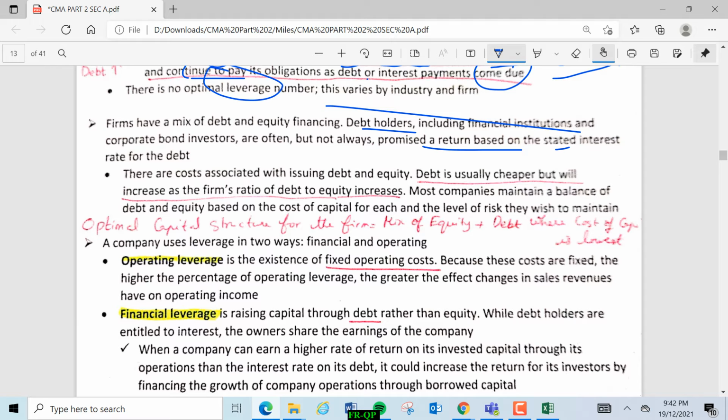Equities are the shareholders, the real owners of the business, so their returns cannot be fixed. So in that case, it's a risky thing. Most companies maintain a balanced debt equity based on the cost of capital for each and the level of risk they wish to maintain. That's what I have told you. The capital structure purely depends upon the cost of capital. Okay, so there is no fixed formula for that.